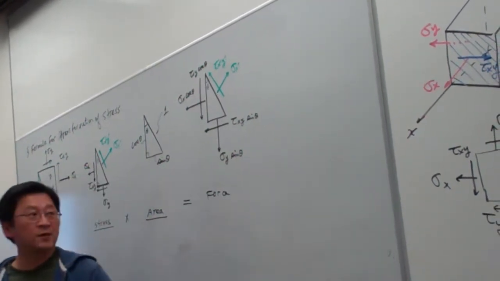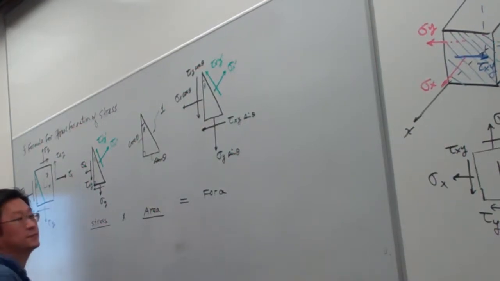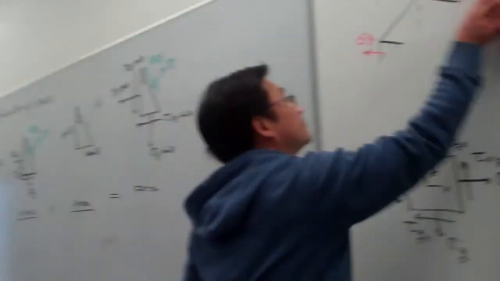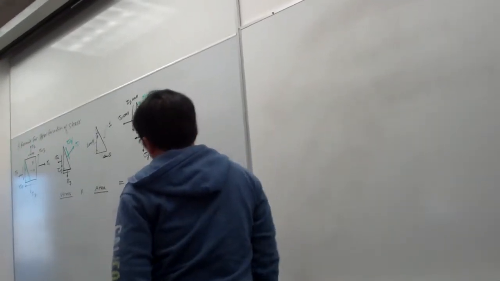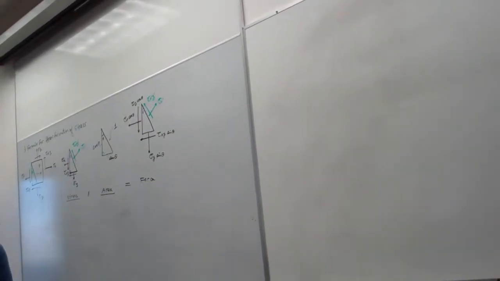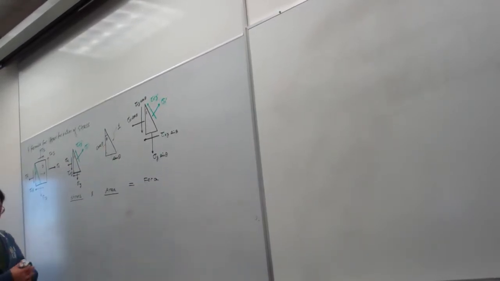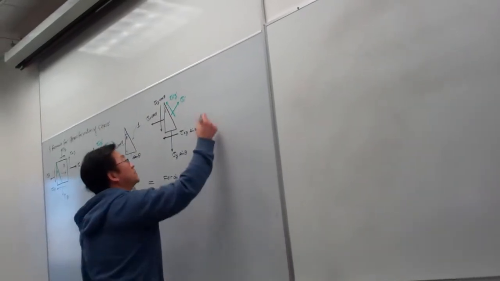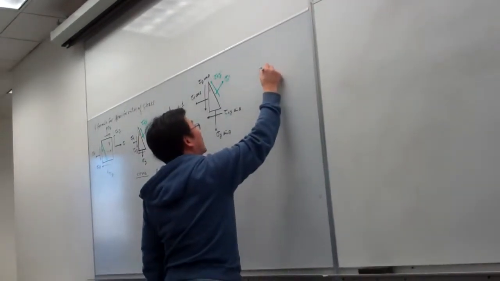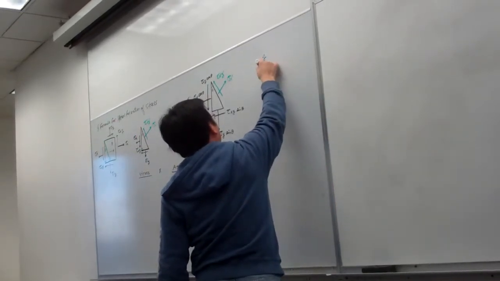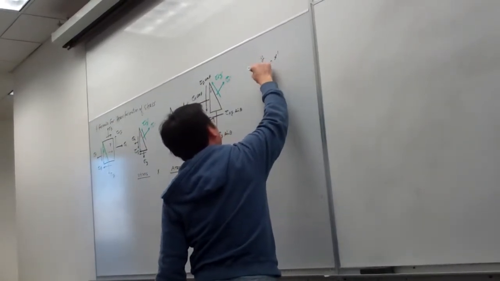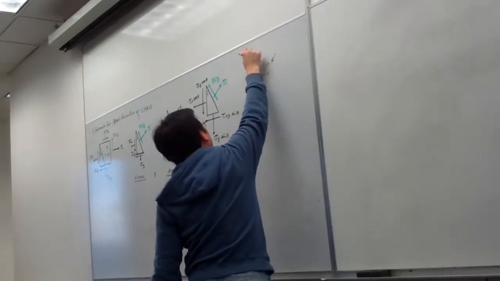So here, let me label this carefully. Here we have two corner systems, either in xy, or here we have x prime and y prime.